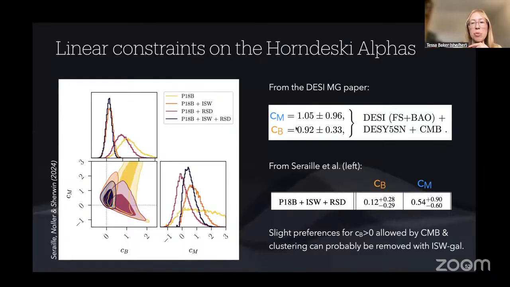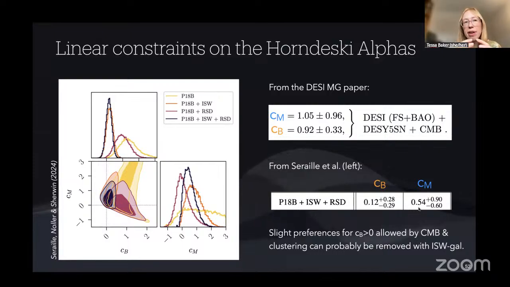CB actually seems to be different from 0 if we take 0.33 away from 0.92. But in this other analysis, we see that both of them are consistent with 0. So this is the kind of game we play trying to pin down these modified gravity theories.